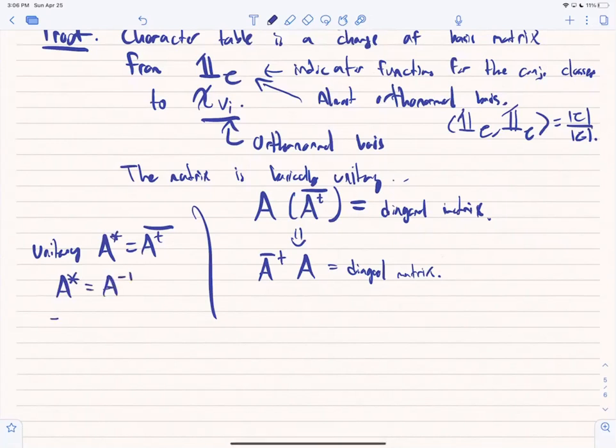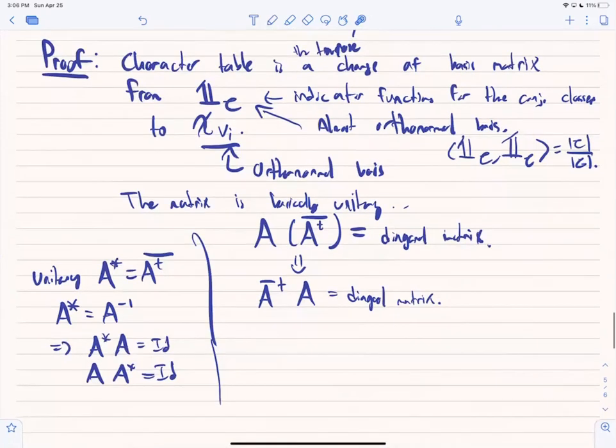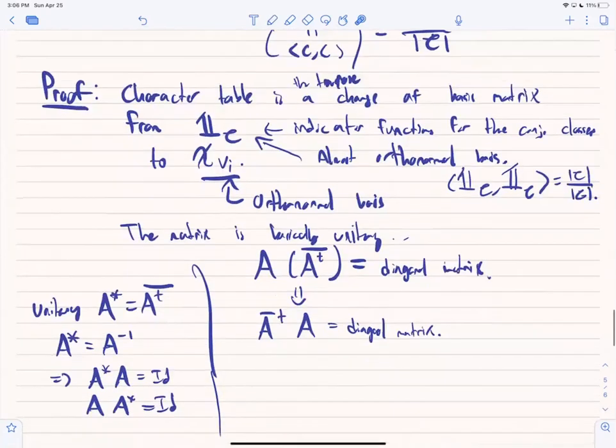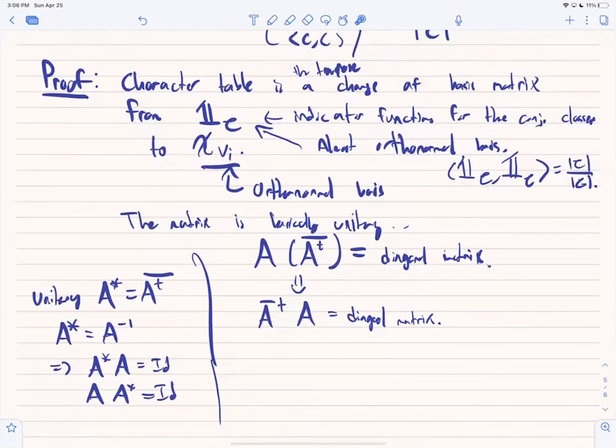So that means A star A is equal to the identity, and also A A star is equal to the identity. Same idea here, just there's this normalization issue where one of your bases is not quite unitary: orthogonal, but the inner product's not equal to 1. But you still get the same kind of identity.